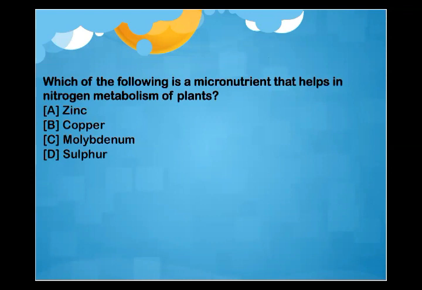Which of the following is a micronutrient that helps in nitrogen metabolism of plants? Which is molybdenum. Molybdenum helps the host to fix atmospheric nitrogen with the availability of the bacterial association.